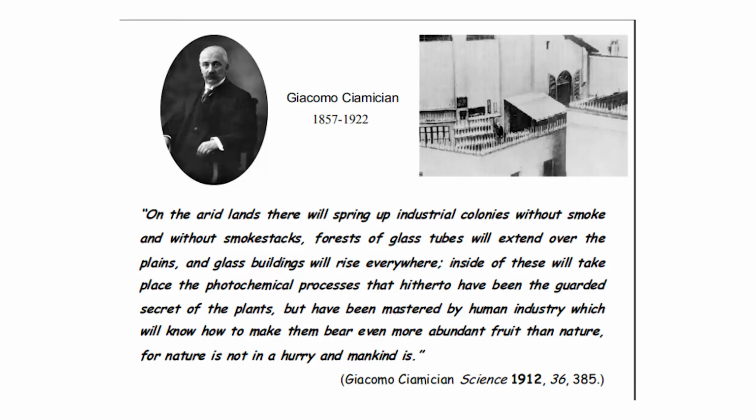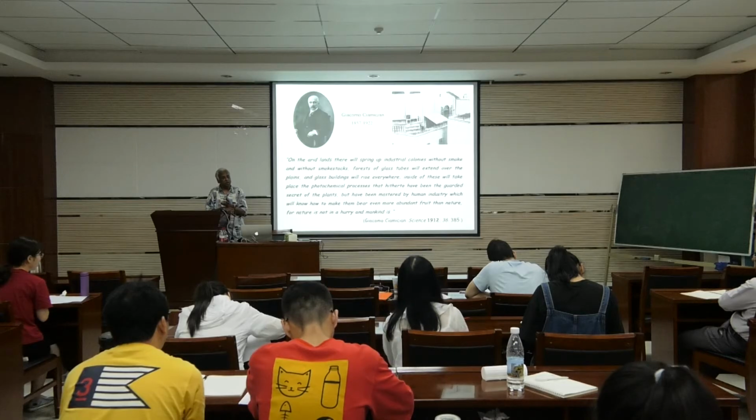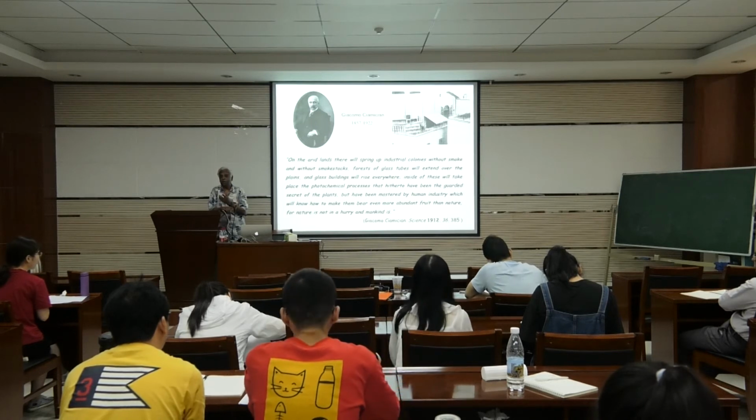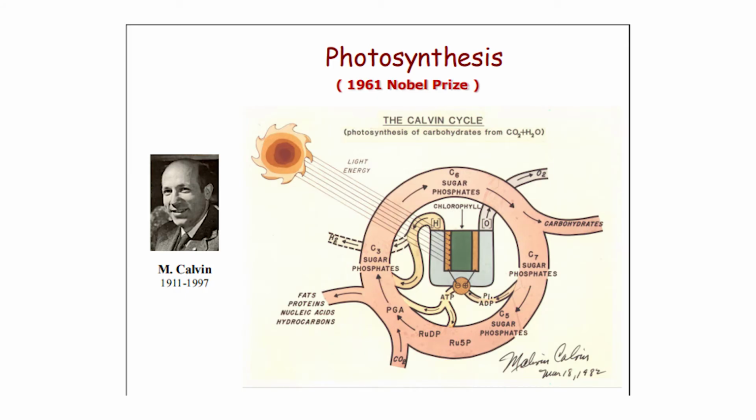We still are not able to figure out how the plants are able to convert solar energy into something more useful than chemical energy. We are trying to understand the process, and a lot of money goes into understanding this chemistry. Okay. So the original understanding of this chemistry, a little bit, was done by Calvin, for which he got a Nobel Prize in 1961.